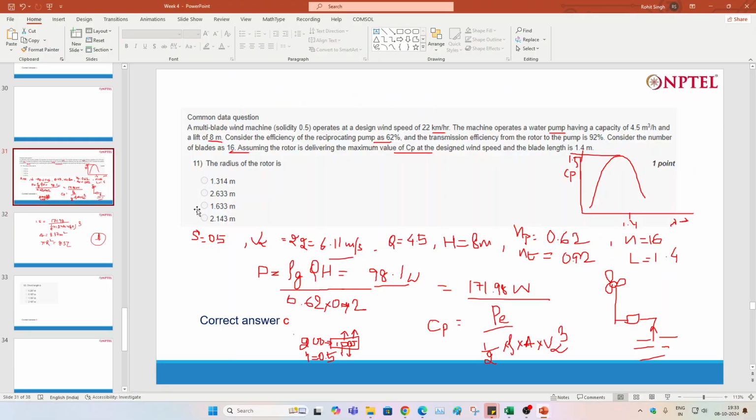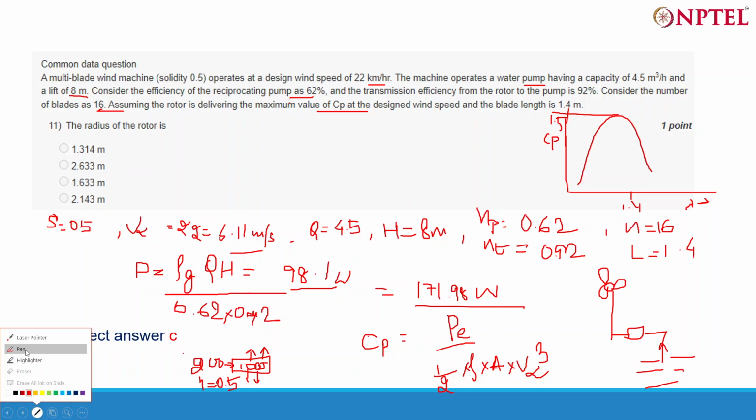So the correct answer here is answer C, 1.6327. Okay, the answer is correct, Mukul.